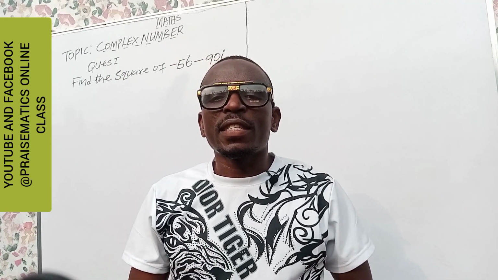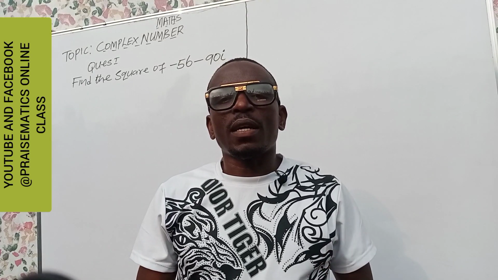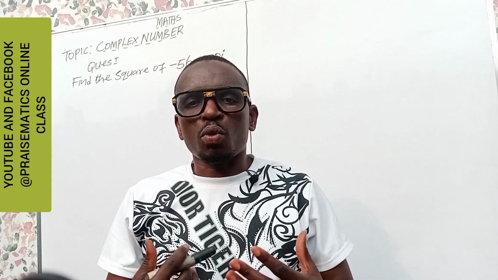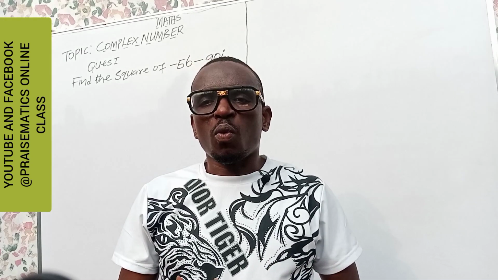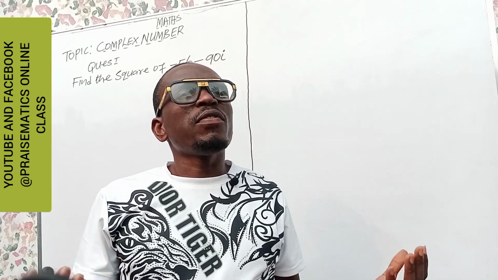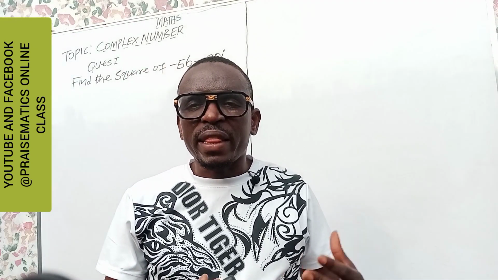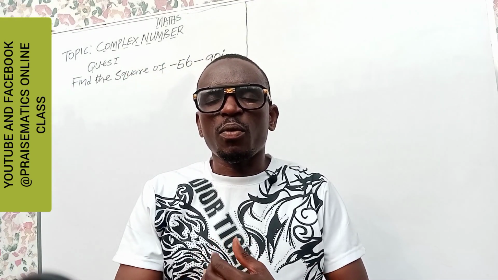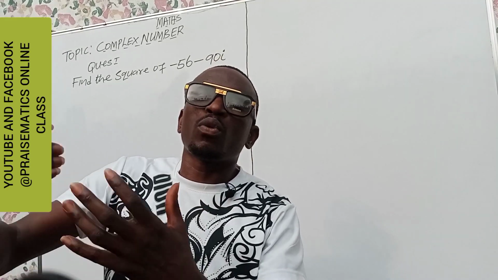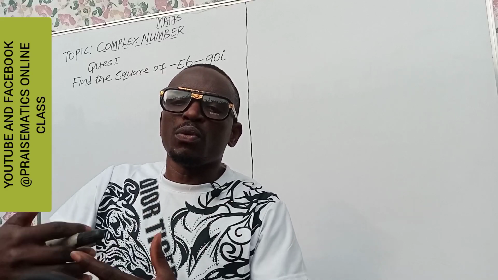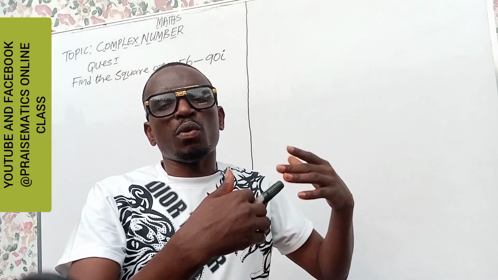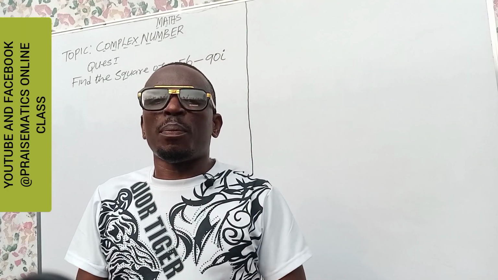In this class, we are going to look at the square of a complex number, how to solve questions on it. In our previous class, we treated cases where we solve a question that involves the square root, cube root, fourth root, fifth root, or nth root of a complex number.